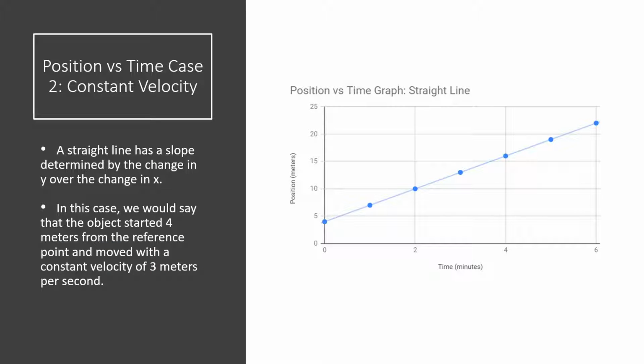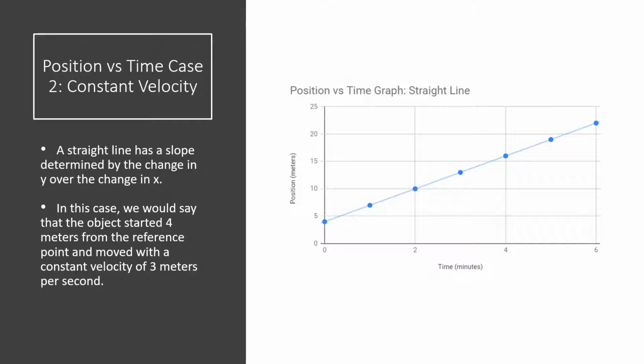But if instead I have a straight line, then the slope is still determined by the change in y over the change in x. Now I can say that there is a change in y. In this particular case, we're changing y by 3 meters every minute.